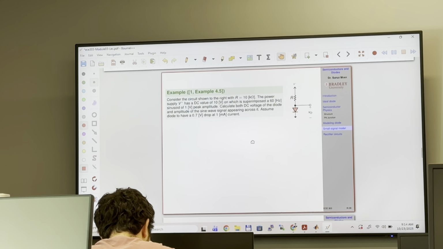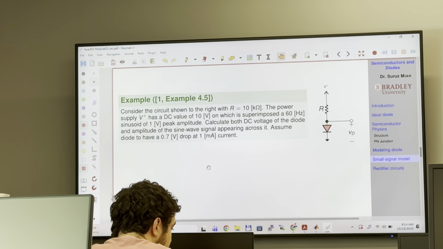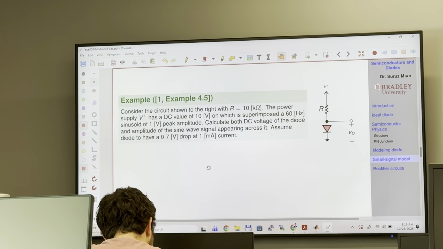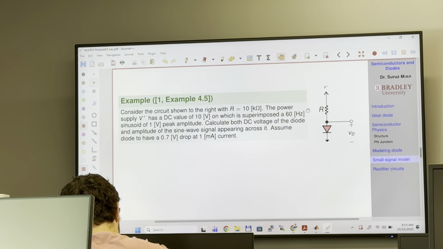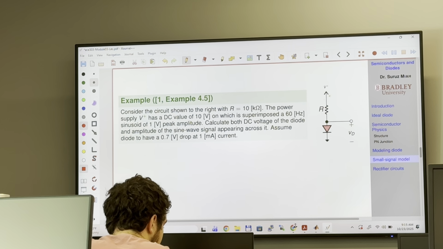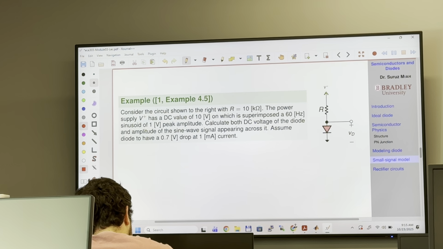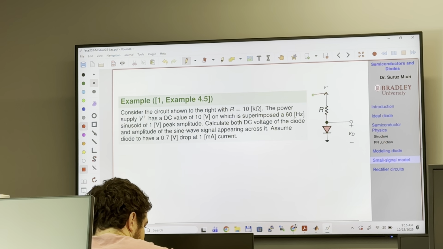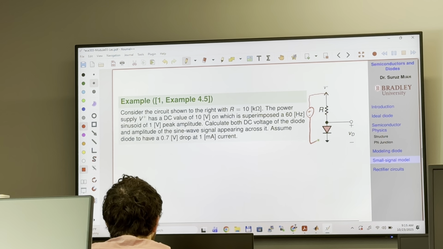So let's go through this example. Now it is going to be crystal clear. Again, you will see throughout this course, I denote V plus to denote that there is a voltage source here, and that voltage source, you can just think of this as positive, negative, like that.